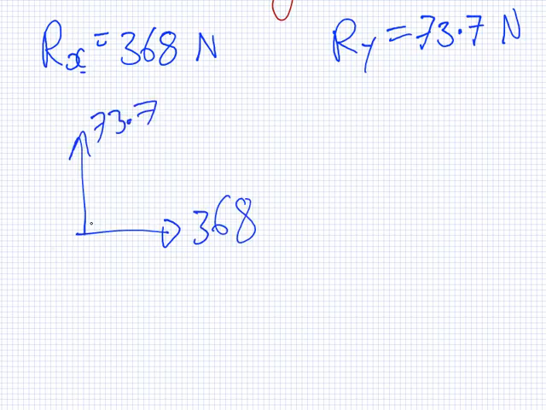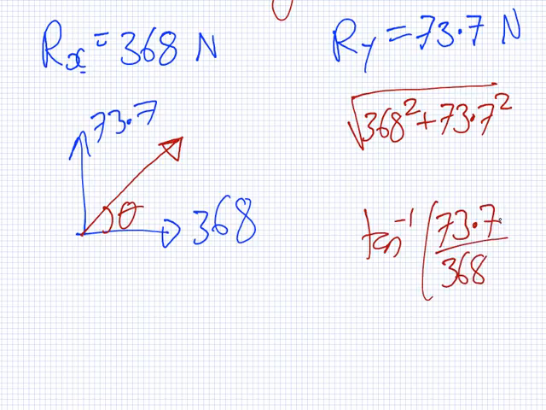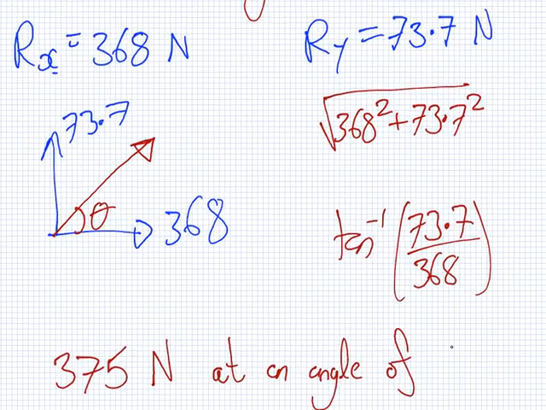So to finish, I need the magnitude and the direction. So I need to calculate this, and I need to calculate this. Do you have the first one? 375 newtons at an angle of, and what's the angle here?